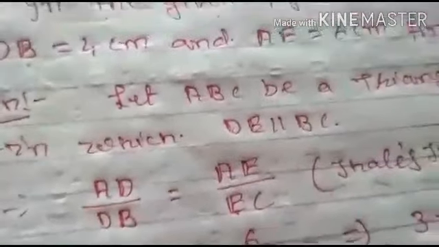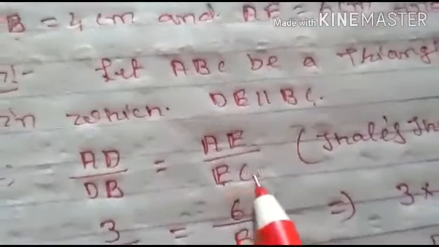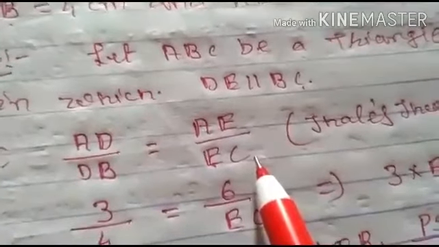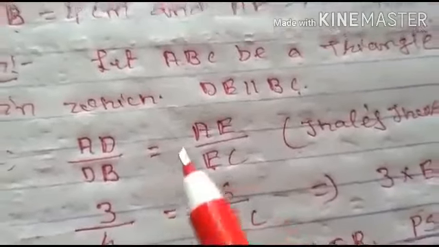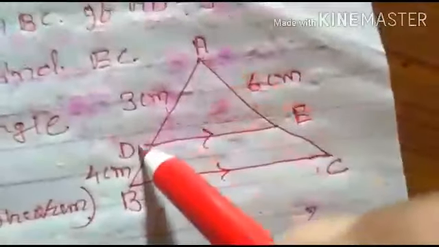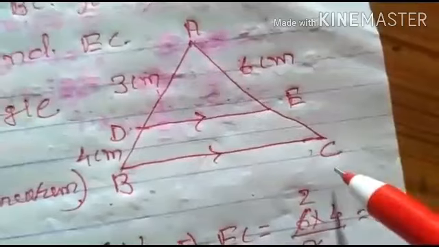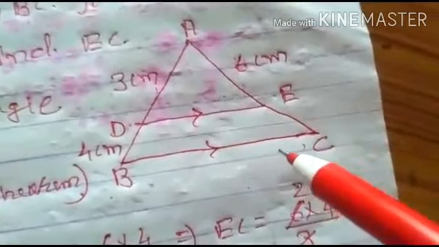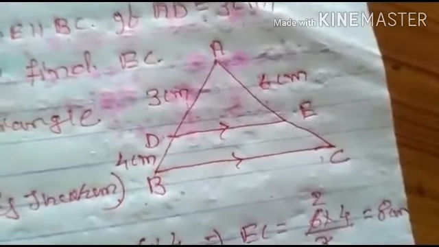When DE is parallel to BC, then you can apply the Thales theorem or basic proportionality theorem, and from that theorem you may conclude AD by DB equals AE by EC. This is the statement of the Thales theorem, which I have already discussed, and its proof also.